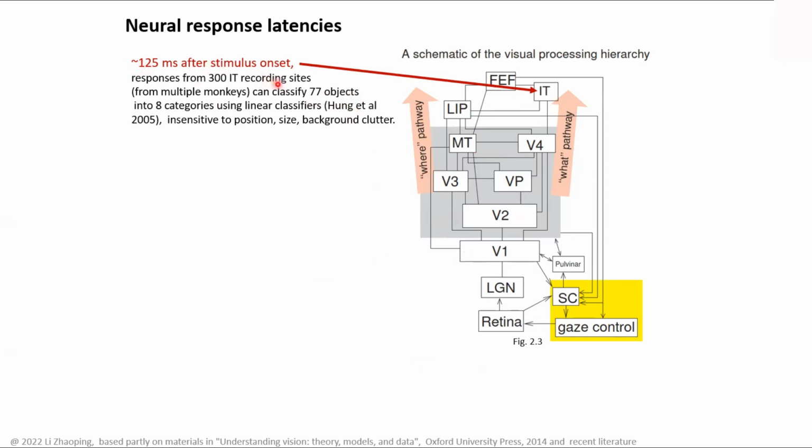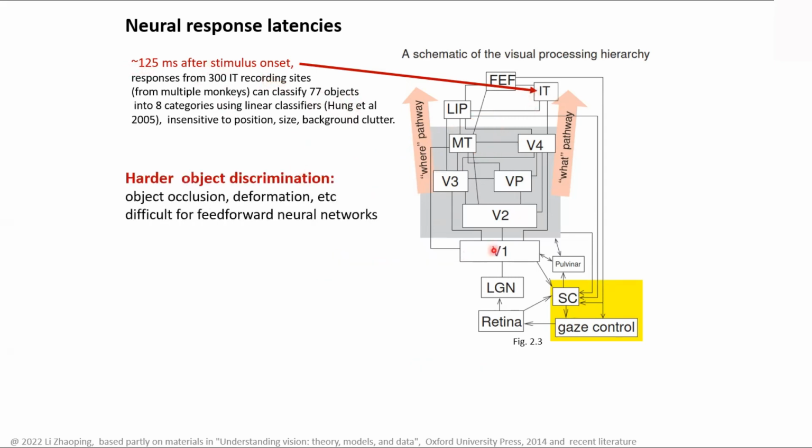However, if you make the classification images really difficult, such that even CNNs find it difficult, you find that if you just wait 125 milliseconds, it doesn't do very well either. You have to wait a bit longer, yeah?